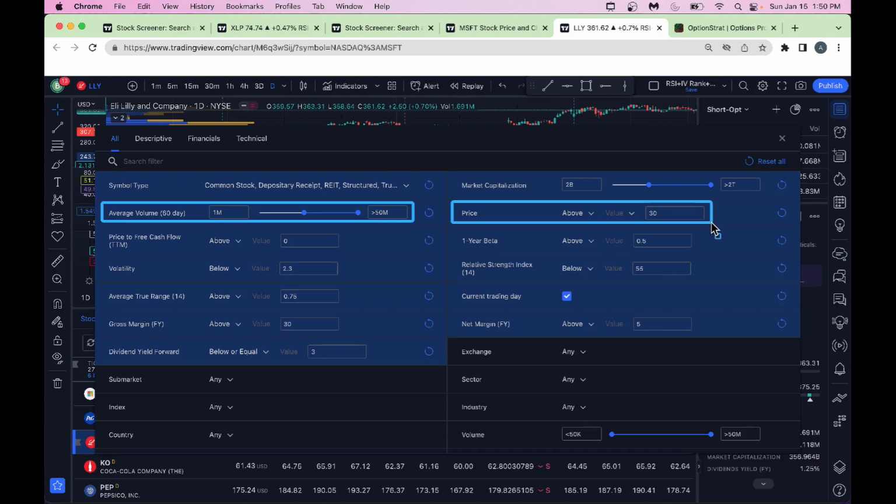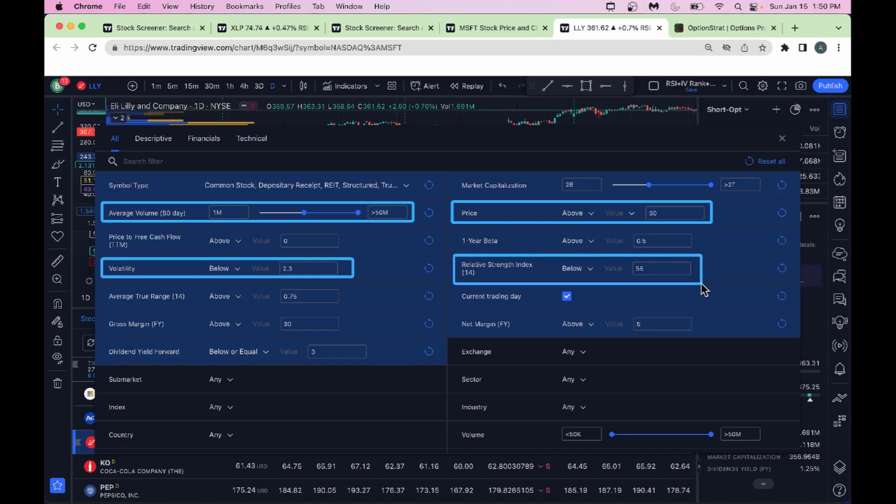And we want volatility to be lower. That's why we have the volatility indicator here. Volatility is below 2.3, and we want the stock to be slightly sold off. That's why we have RSI below 55. If you're a little more conservative, you could even make it below, say, 51 or even 50.